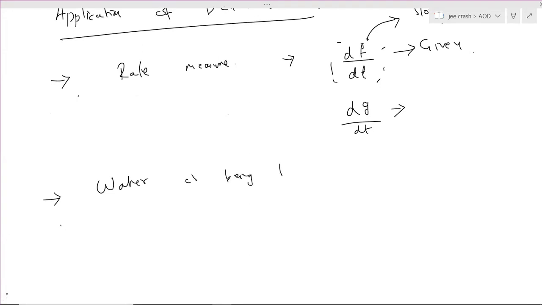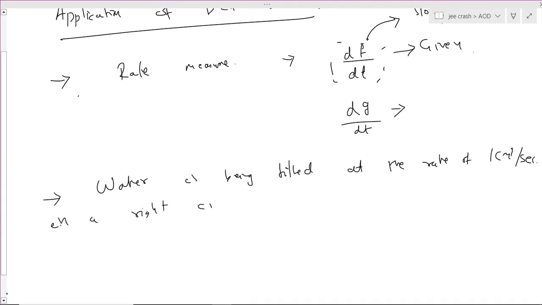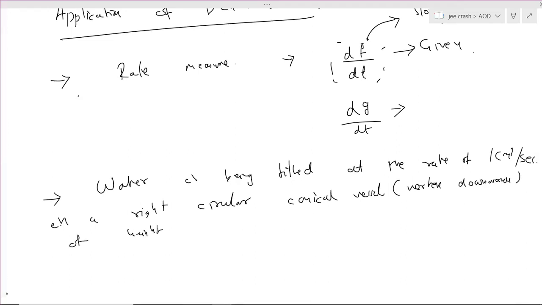Water is being filled at the rate of 1 centimeter cube per second in a right circular conical vessel, vertex downwards, of height 35 centimeter and diameter 14 centimeter.